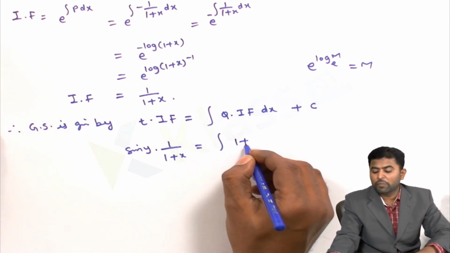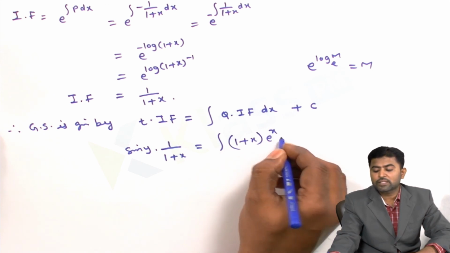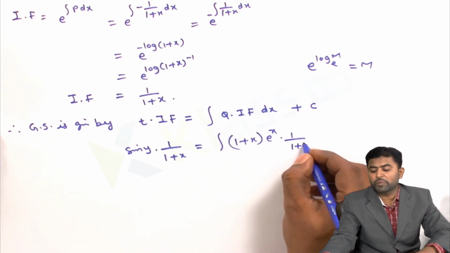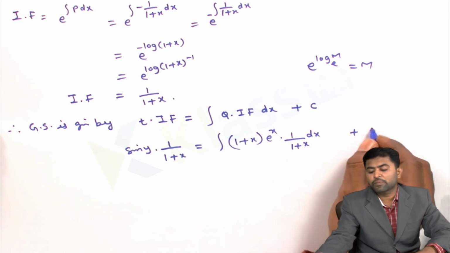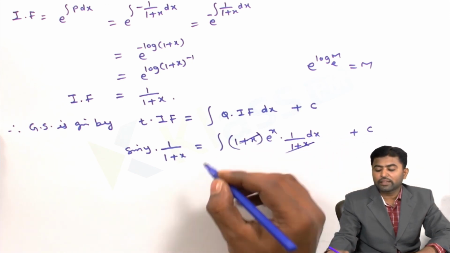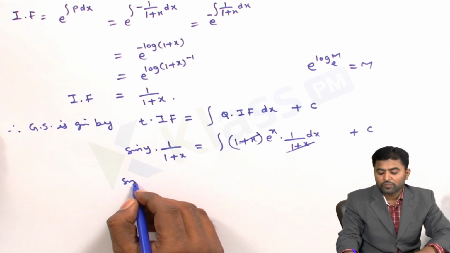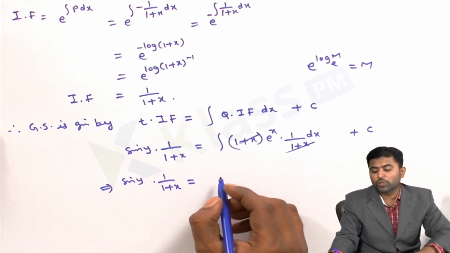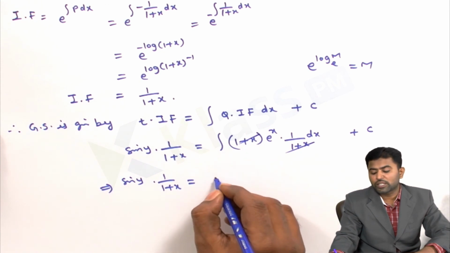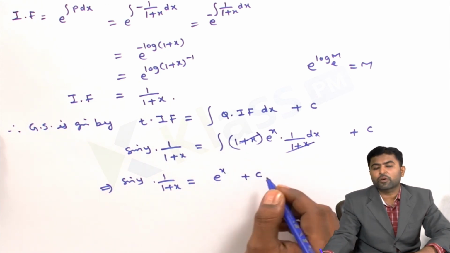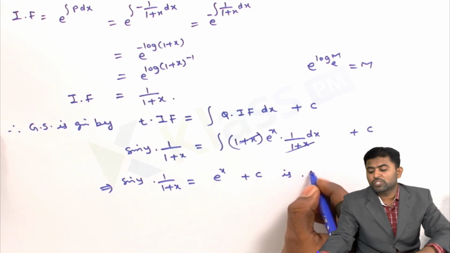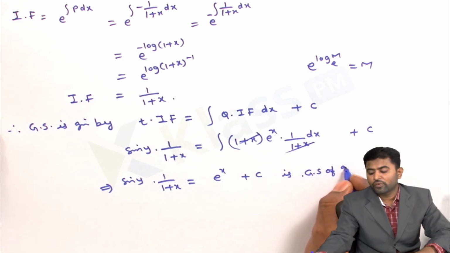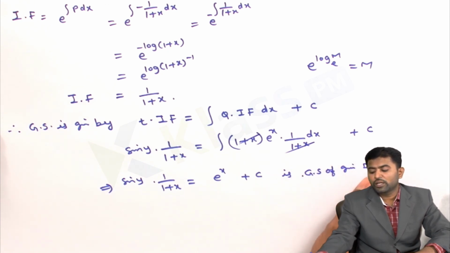Q, we have 1 plus x e power x, and the integrating factor is 1 by 1 plus x into dx plus some constant c. Cancelling these two, I'll get sin y into 1 plus x is equal to integration of e power x, which is nothing but e power x plus some constant c, which is the general solution of the given differential equation.